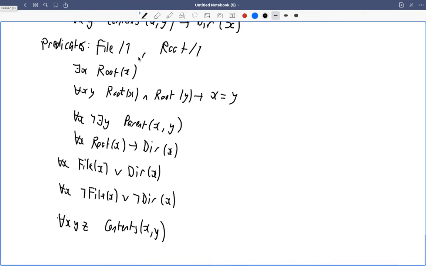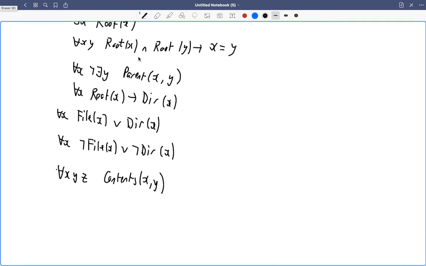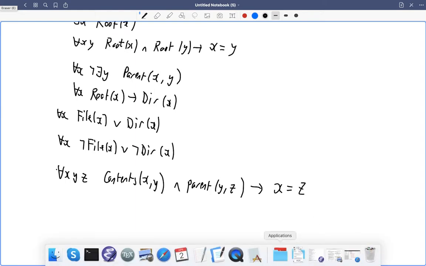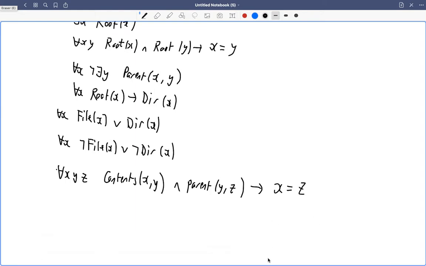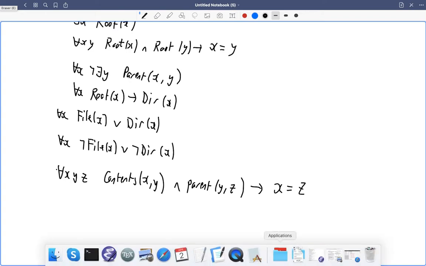Yes, from this. Contents x y and parent y z implies that x equals z. Okay, so all these are very intuitive properties of file systems.